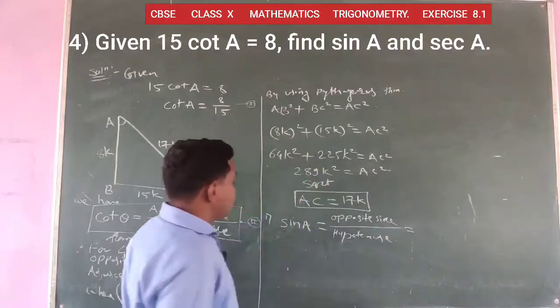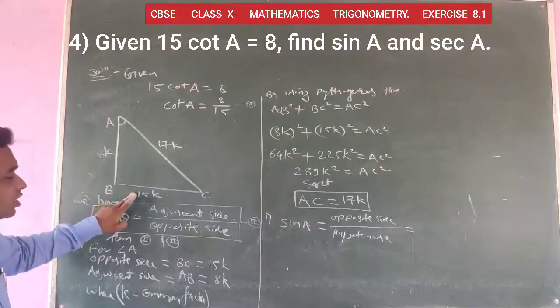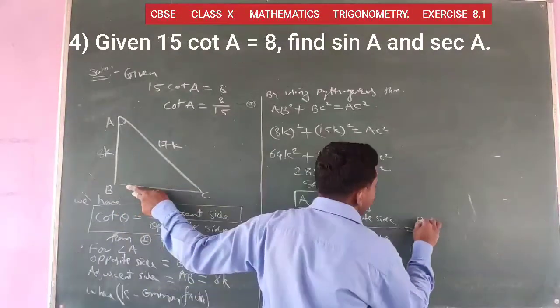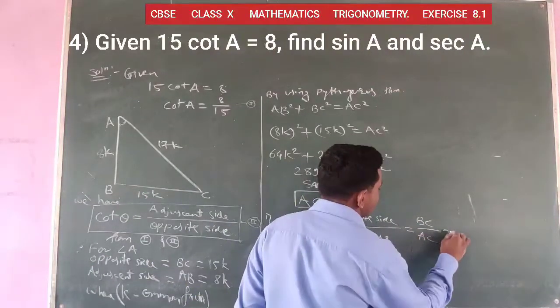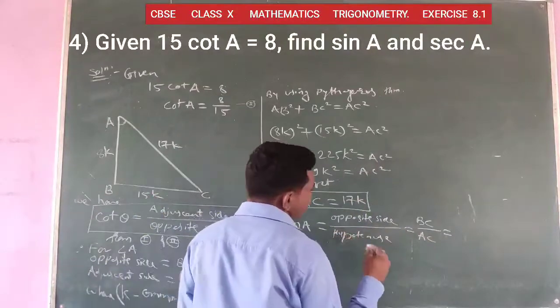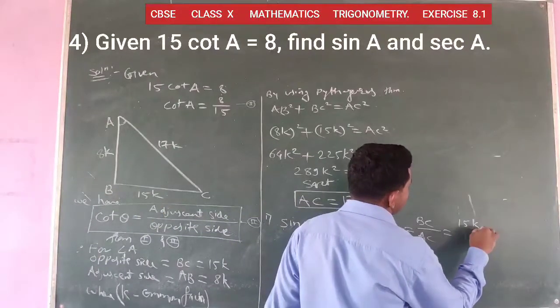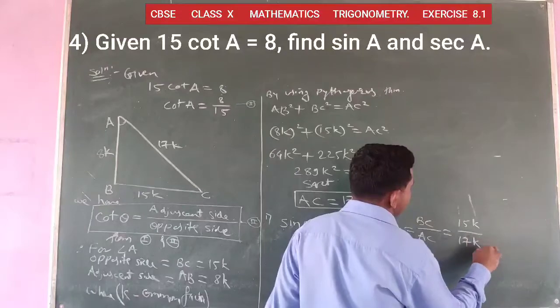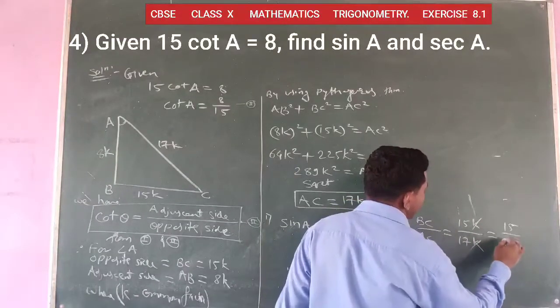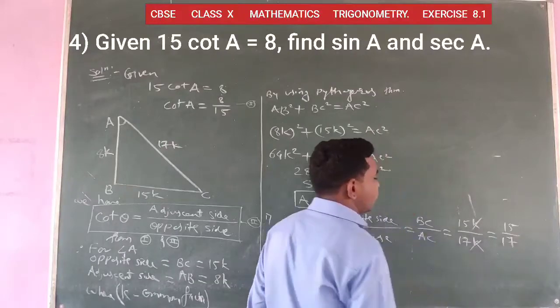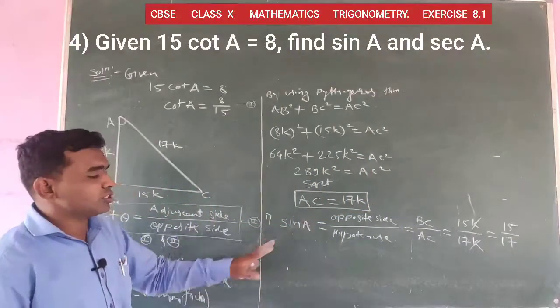So for the angle A, opposite side is BC and hypotenuse is AC. So what is the length of BC? 15k upon AC is 17k. k cancels. Your answer is 15 upon 17. So this is the answer for sin A.